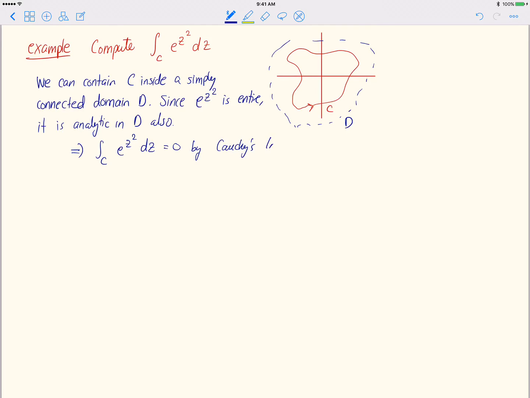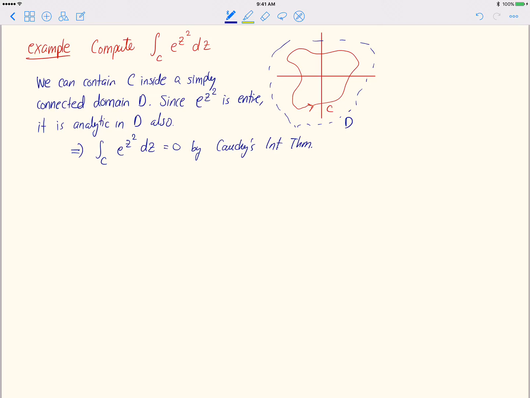Cauchy's integral theorem, right? And interestingly, remember Cauchy's integral theorem tells you two things. Not only is this integral 0, but Cauchy's integral theorem also guarantees that e to the z squared will have an analytic antiderivative in the region D. And like I said, this is something that is well known.